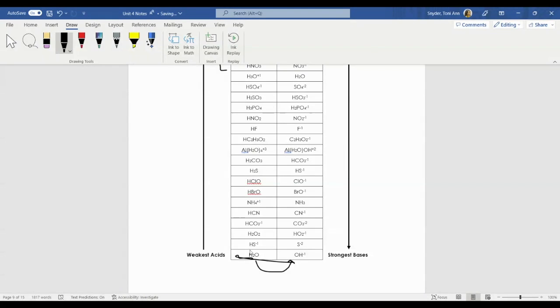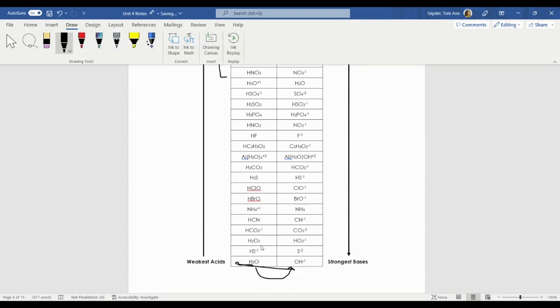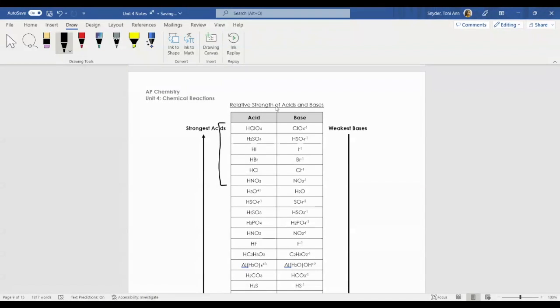So the stronger the acid, when this loses that proton, its conjugate base is very weak, okay? And that's because this tends to donate its proton very easily. But if this donates its proton very easily and it forms this ion, this is not going to accept that proton very easily.